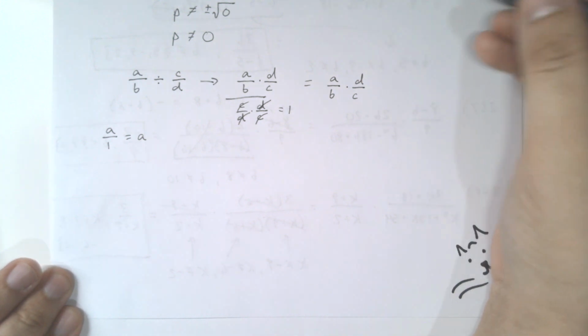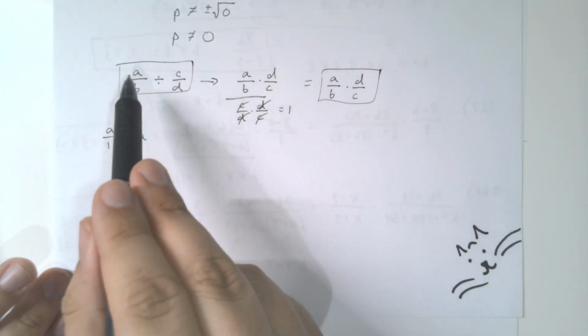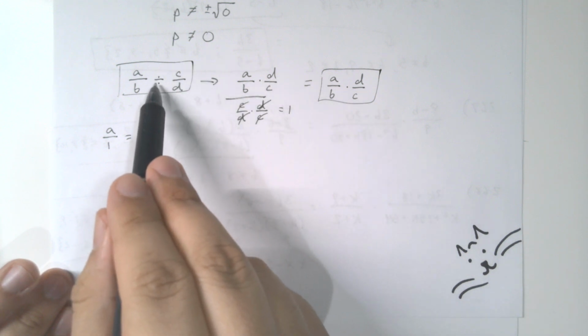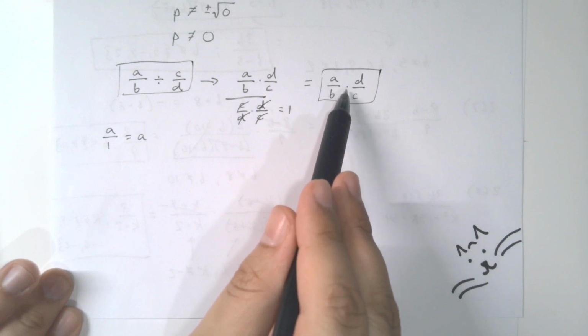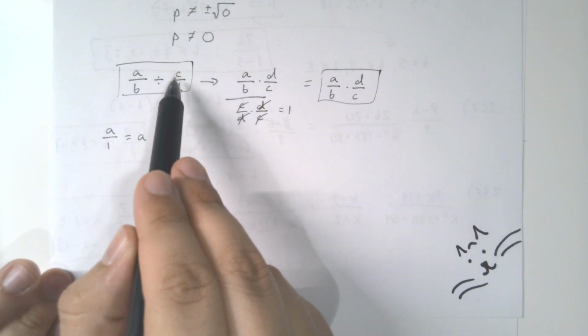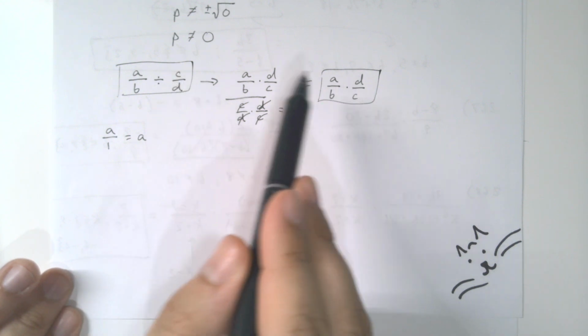So notice what happened between here and here. We still have a over b in the front, but if we want to switch this division sign out for multiplication, all we have to do is flip this fraction. This one is c over d, but this one is flipped and we have d over c.